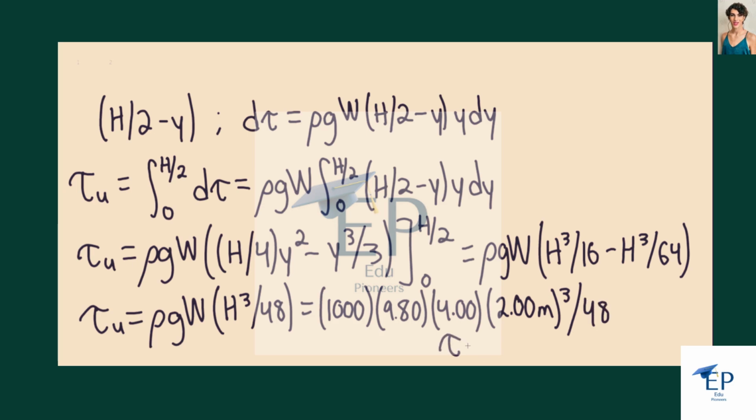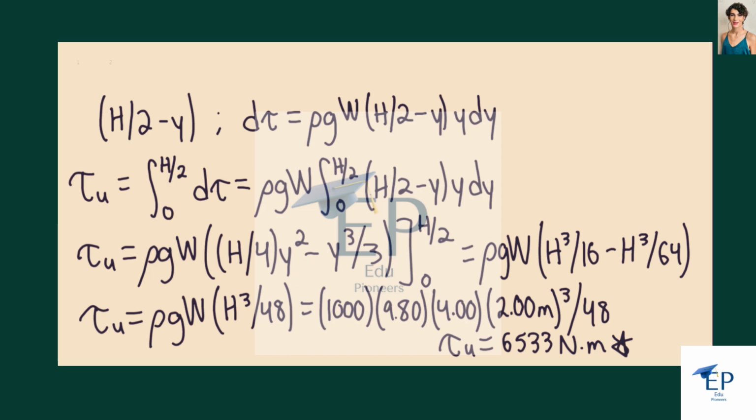And we find that the torque on the upper half would equal approximately 6,533 Newton meters. So take note of this torque, and now we do the exact same thing but for the lower half of the gate.